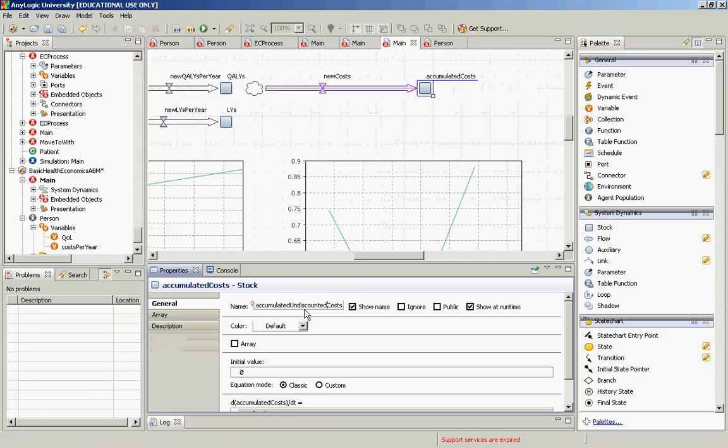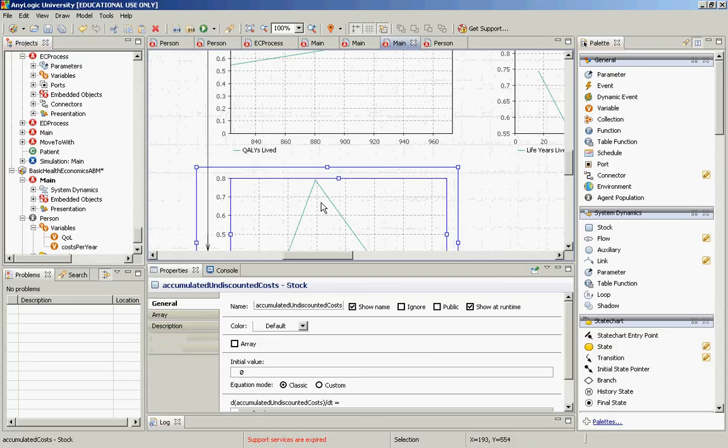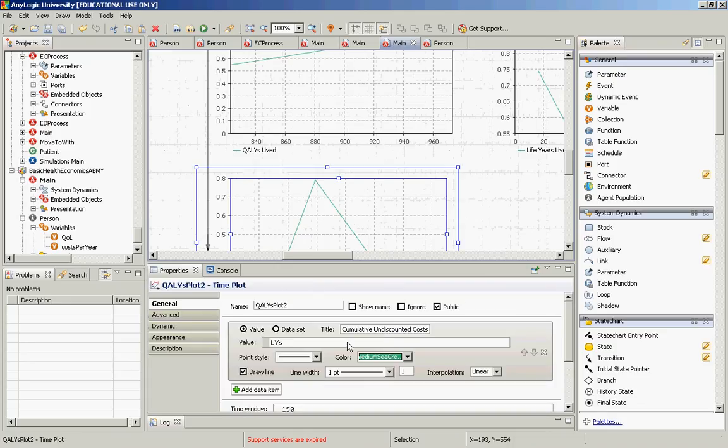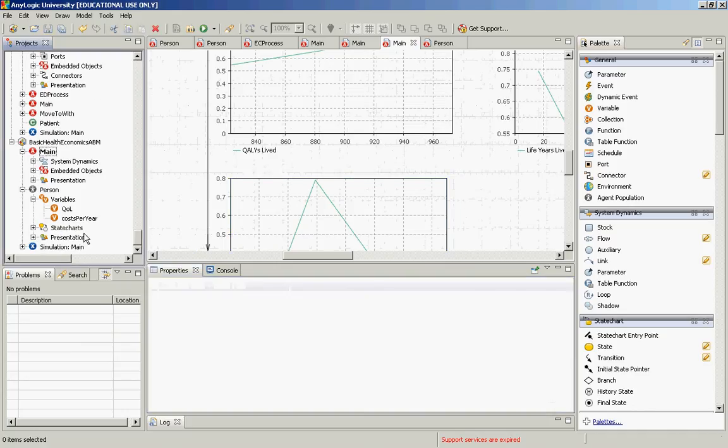So these are the costs where we don't take into account the time value of money. We're not taking into account discounted cash flow, in other words, net present value. Instead, we're just accumulating in a naive fashion the undiscounted cost. So all we do is total that up and let's run the model.